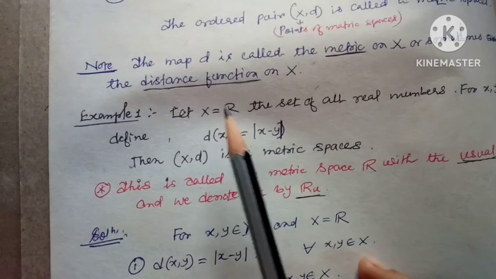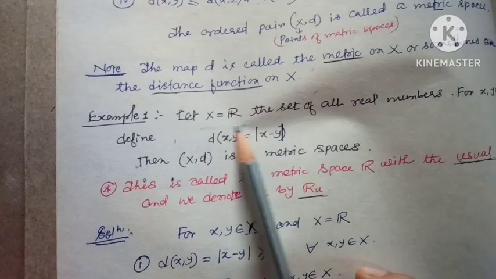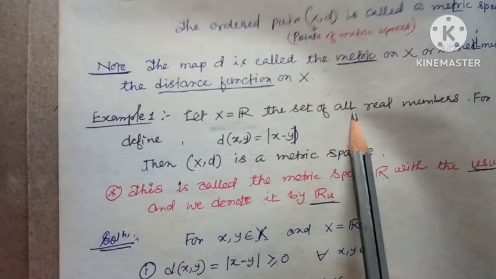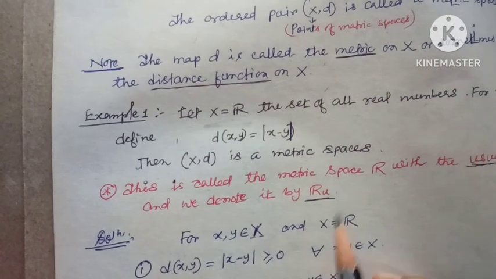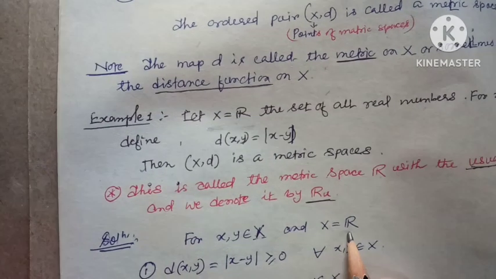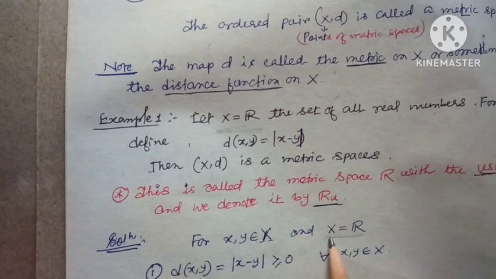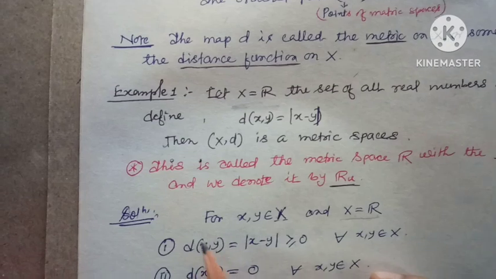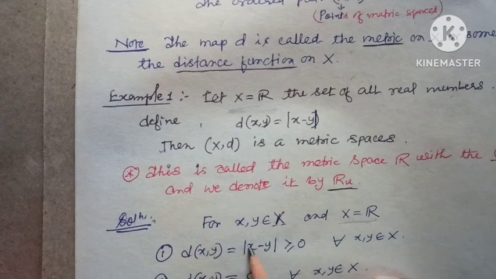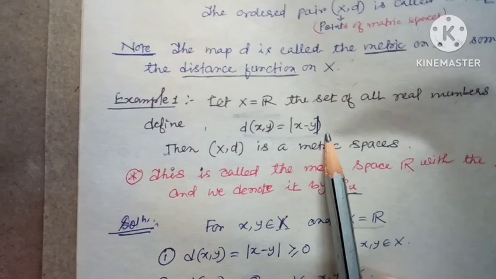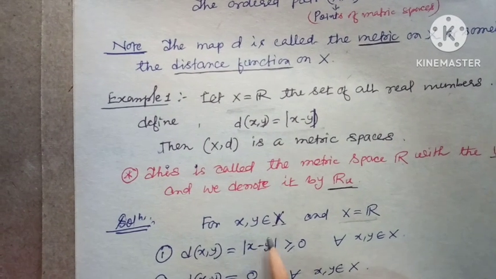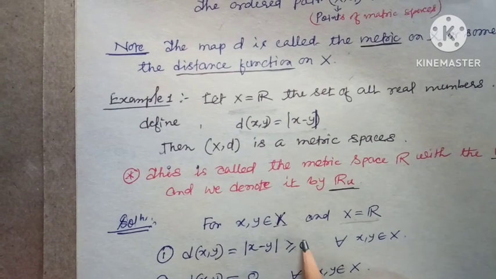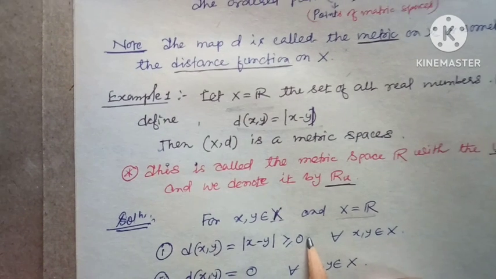Solution. আমাক দিয়া আছে ইয়াত X is equal to R, য'ত আমাক কোৱা হৈছে all the real numbers, x and y is also belongs to R. Question দিয়া আছে আমাক X is equal to real numbers R. First condition: distant function আমাক তো দিয়া আছে define কৰিব দিছে, গতিকে modulus of x minus y is always greater than or equal to 0, obviously.